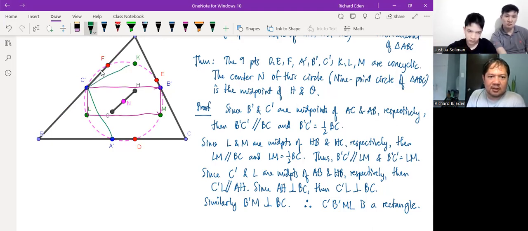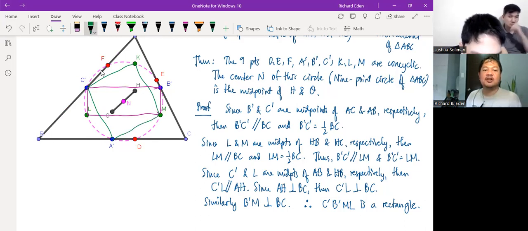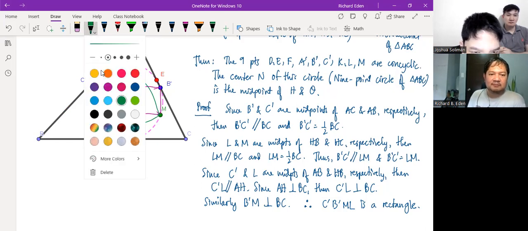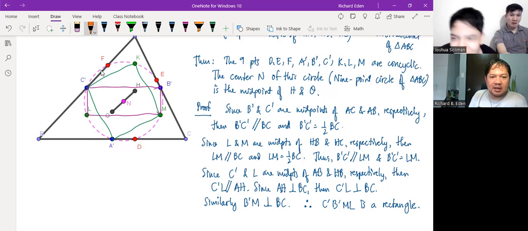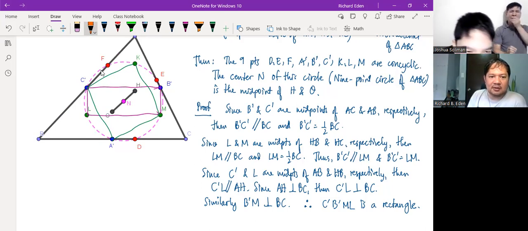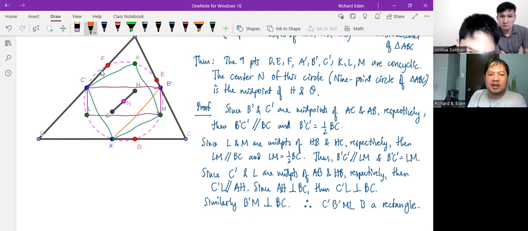Ito, no other pair of green points, K and M. Literally. So nung green quadrilateral, that's also a rectangle. Isa pa. Orange naman. So ano pang pairing ng blue? Ito. B prime, A prime, and L, K, rectangle din yan.